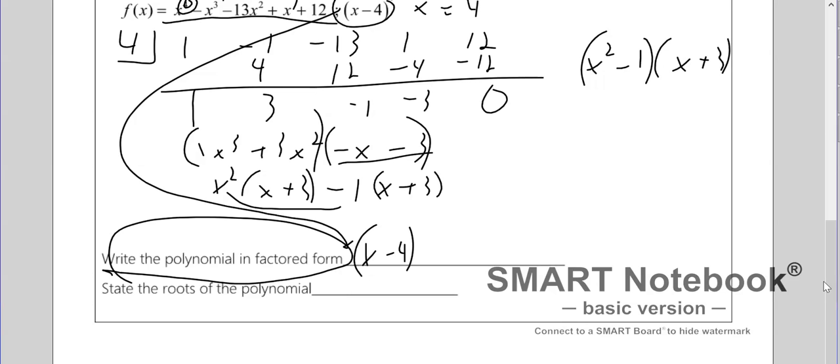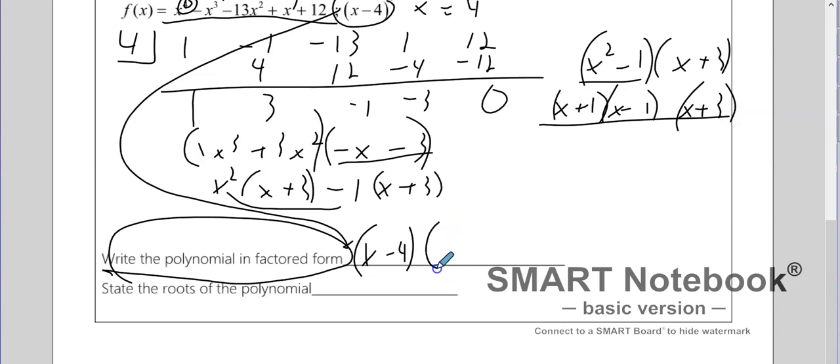Now, we're almost done. This is one of the easiest things to factor. It's a difference of squares. You don't put it both plus. And then the x plus 3. So now we're done. But again, most common mistake here is just to write these 3, and that's not the answer. It's all of these.